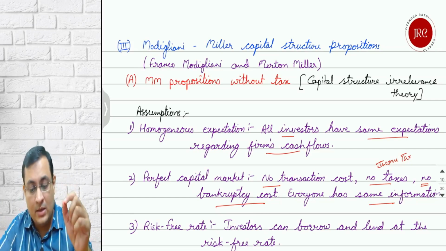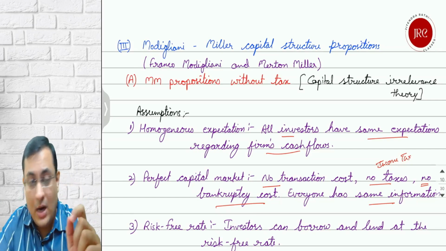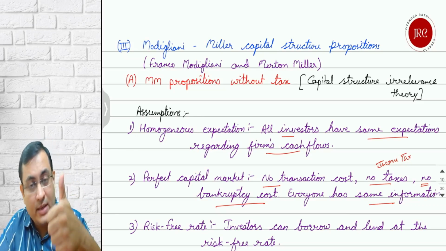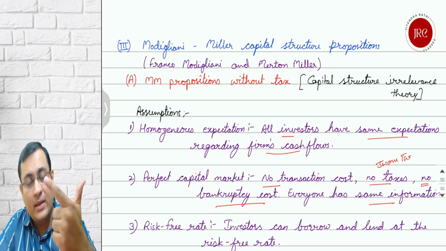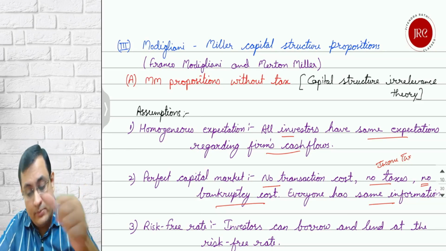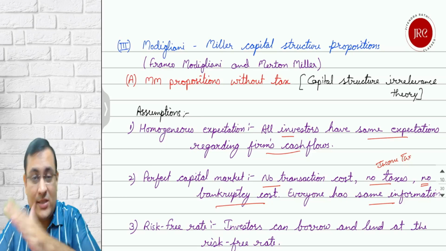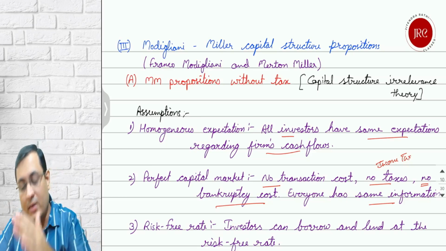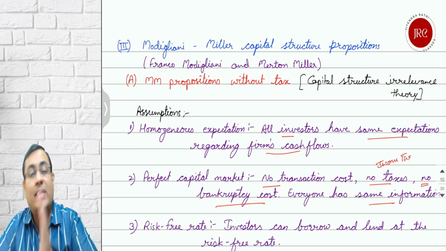The first approach, without taxes, has the assumption that there are no income taxes, and number two, there is no bankruptcy cost. The with-taxation approach improves the taxation limitation, but the bankruptcy cost will be improved in static trade-off theory.